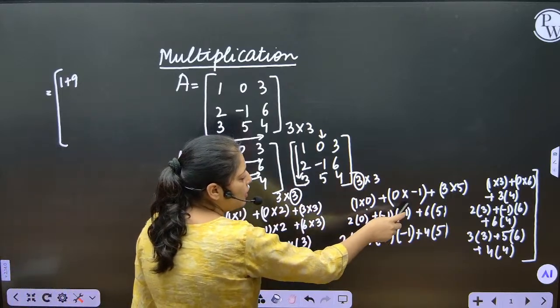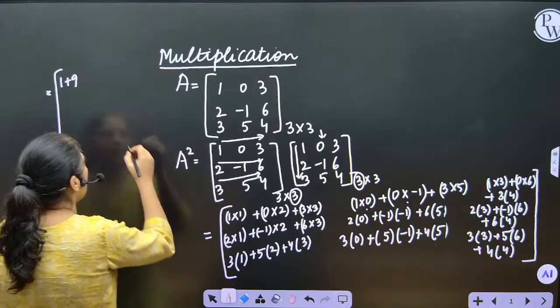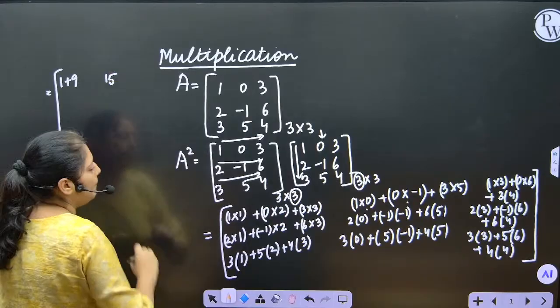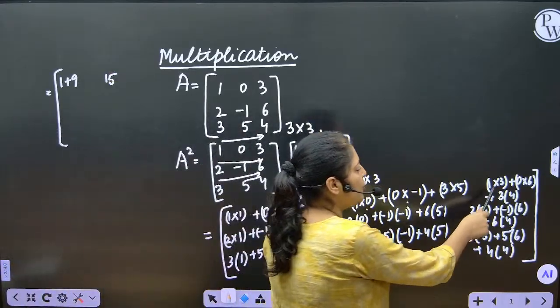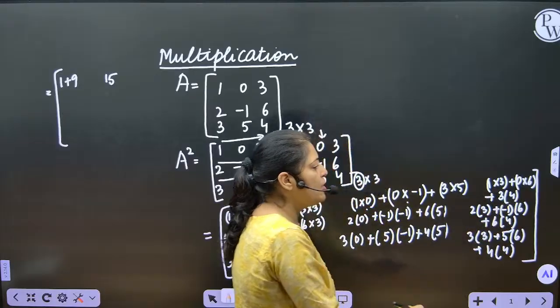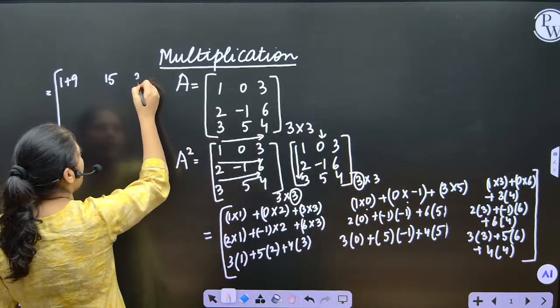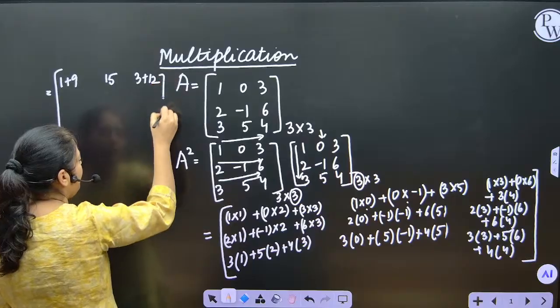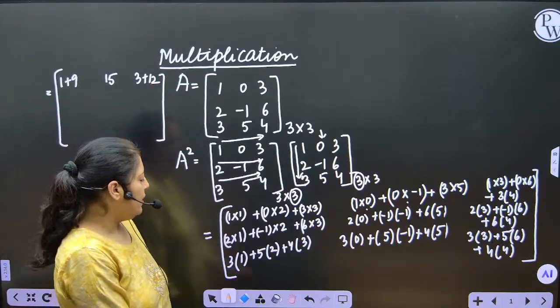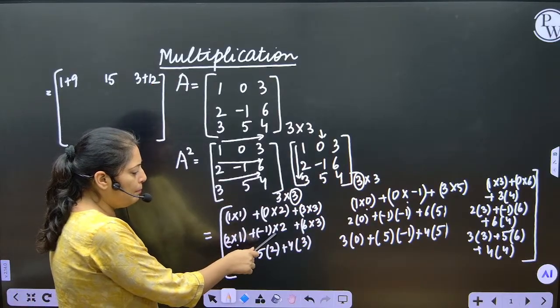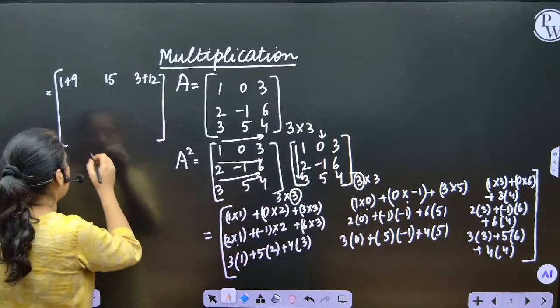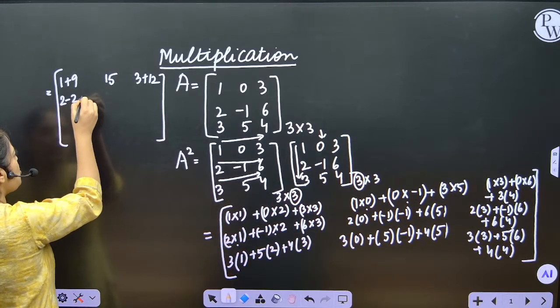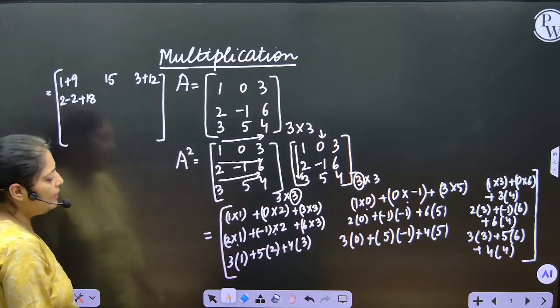This will become 0, this will become 0, 3 5s are 15. 3, 0 and 12. So I'm writing 3 plus 12. This will become 2 minus 2 and 18.